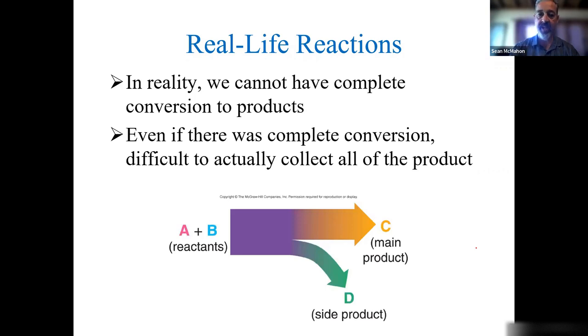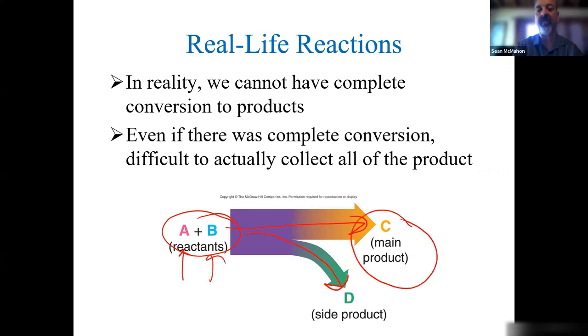So from your reactants, instead of going straight to your product, you might have incomplete conversion, or you may even have a side product produced. You might even have contamination. These might not even be pure, so they can't give you the full amount. So we actually get less product than we theoretically believe through our stoichiometry calculation.